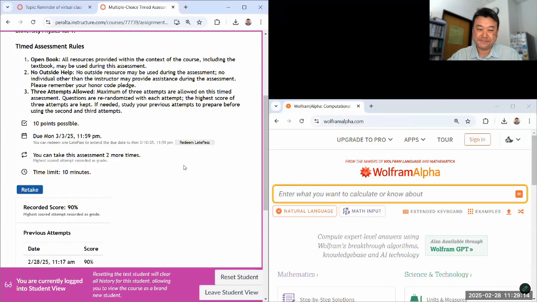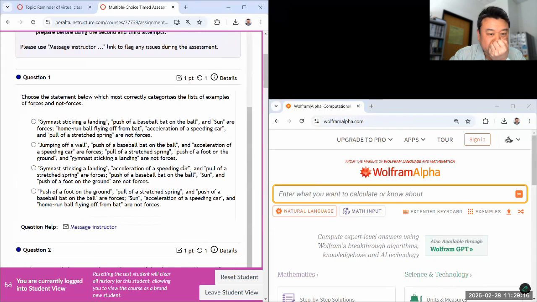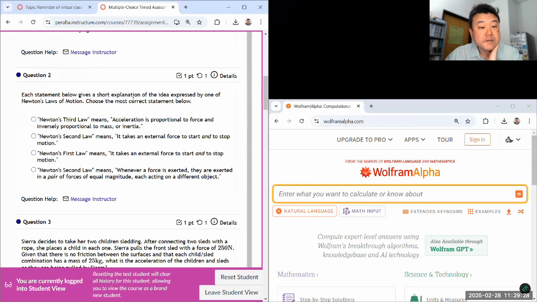Retake. Forces and net forces. Short explanation. Oh no, the Newton's laws of motion. But that's incorrect. Might be correct. Might be correct.